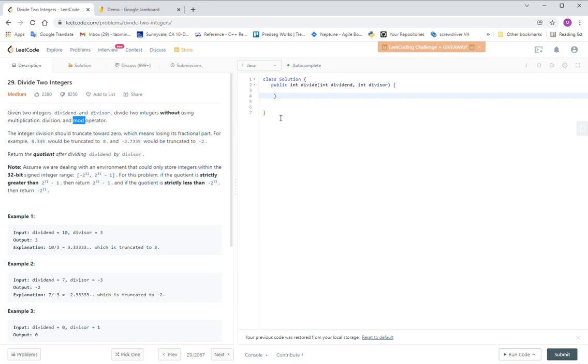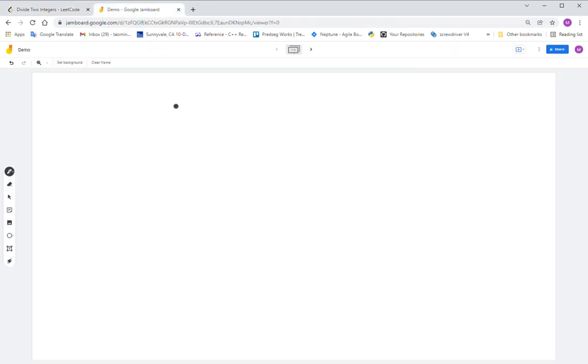So I think the simplest way is you can use some counter to do it. For example, you have 100, you have 2, so every time you plus 2 and you reach 100, you plus 50 times, so you get the 100.